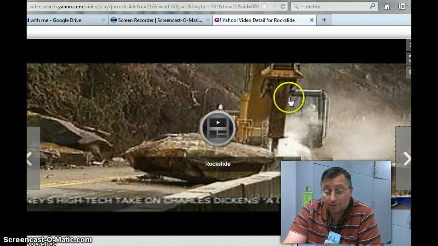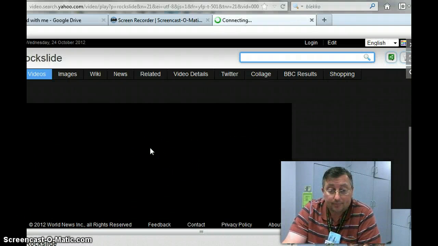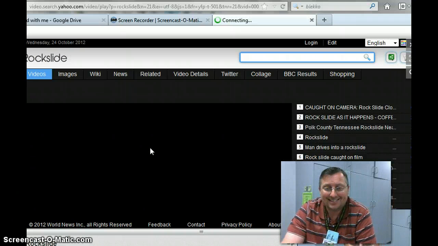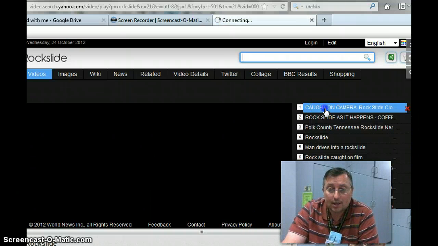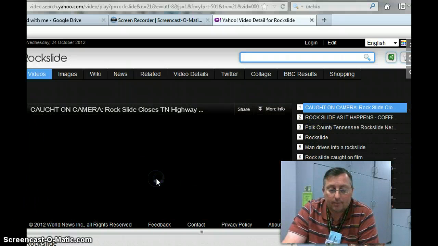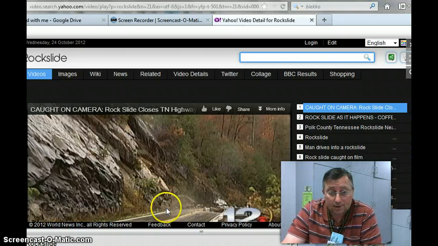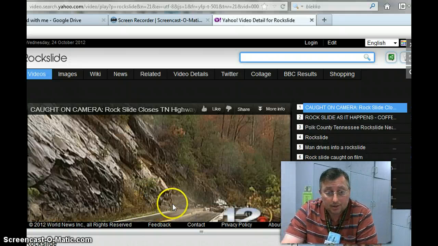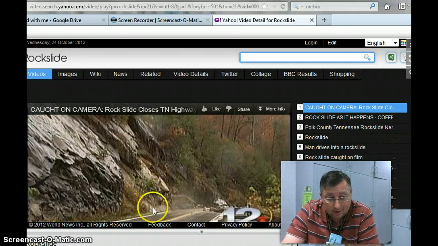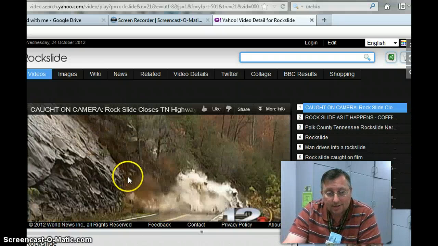But you can see there's a crew here taking care of this one rock that fell down, and watch what happens here. I think it's this one right here. And you can kind of hear things going on here. A couple rocks fall, a couple here and there, and then watch this.